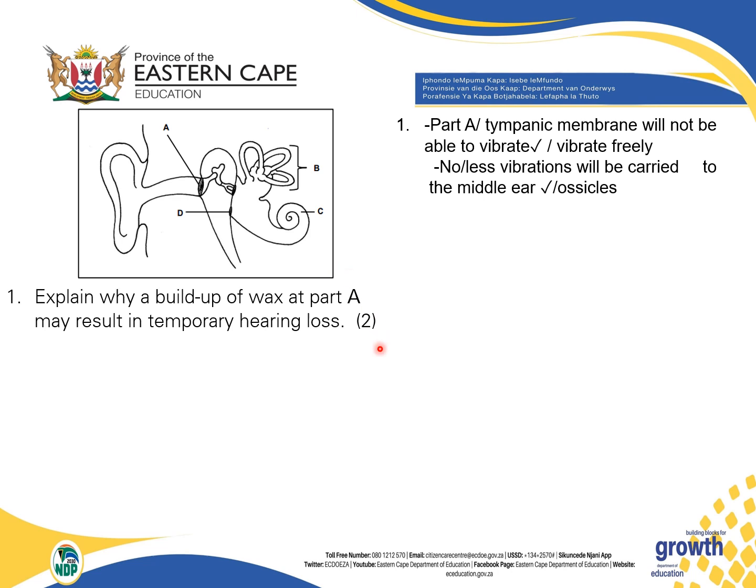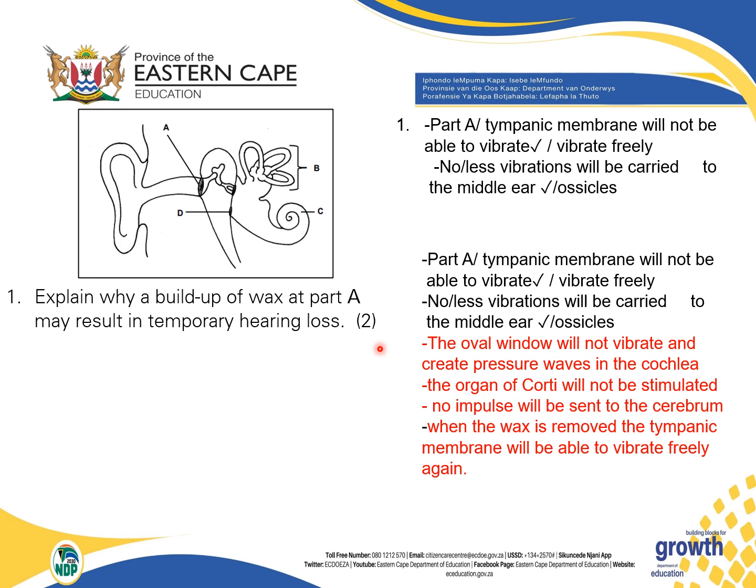Now, this question was only for 2 marks, but it could have easily been a 4 or 5-mark question if we had to answer it fully. So if it was a 4-mark question, we would answer it as: Part A, the tympanic membrane, will not be able to vibrate freely. Less or no vibrations will be carried to the middle ear.